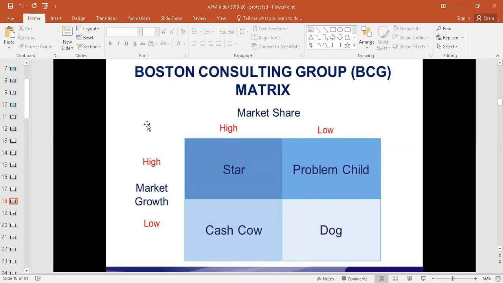Market share is either high or low. On the extreme left side of this matrix, it is high. Market share indicates how many customers they captured, and how many of them are loyal customers who buy from them.